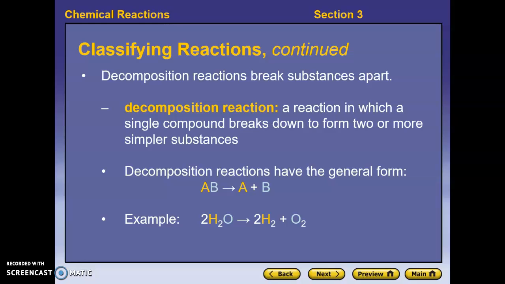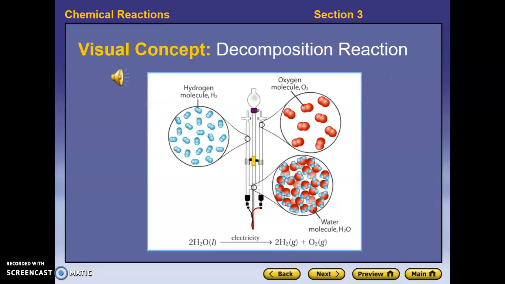Water goes through decomposition in electrolysis. So water, H2O, can be broken down to be hydrogen gas and oxygen gas. And we do see that happening in this example. This is electrolysis. From the root of electrolysis, you get electricity, right?